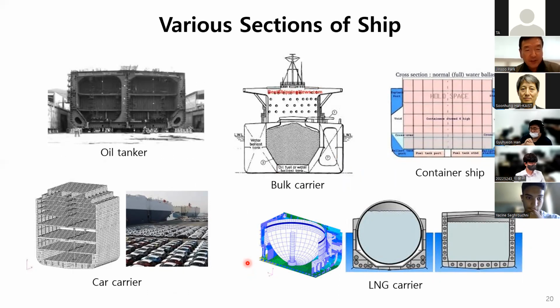Here are various sections of ships. An oil tanker has two big closed sections in the whole section. A car carrier has many decks inside, so it's very effective in vertical and lateral rigidity. A bulk carrier has a center cargo hold and two side ballast tanks, I mean, three big closed sections. Next, the container ship.